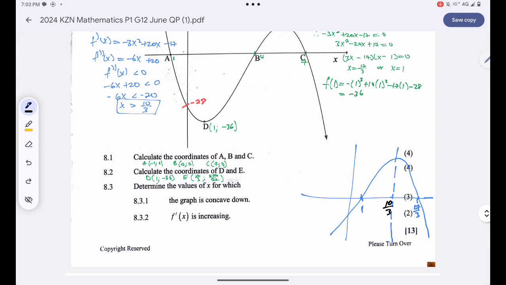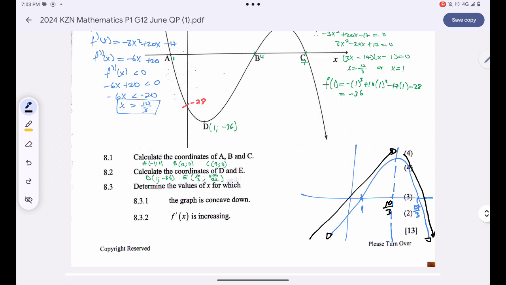Okay, why is my derivative increasing? The derivative, guys, will be increasing. You must scan your derivative graph moving from left to right. As we move from left to right, our derivative function is going up, which simply means it's increasing. And whenever we are moving from the point of inflection downwards, our derivative function is going down.